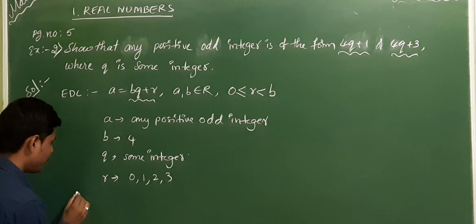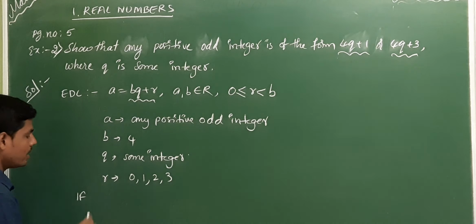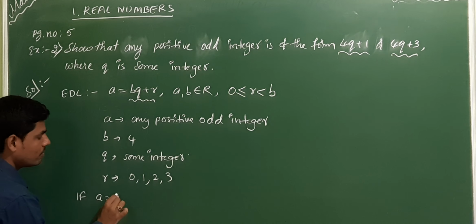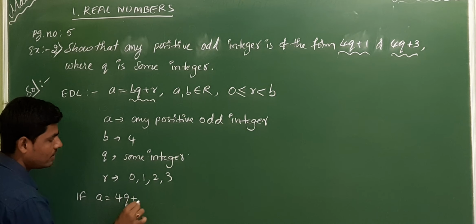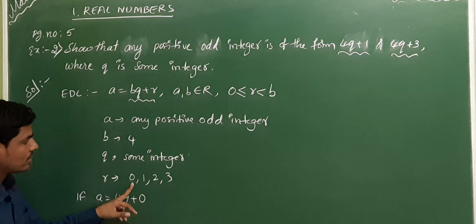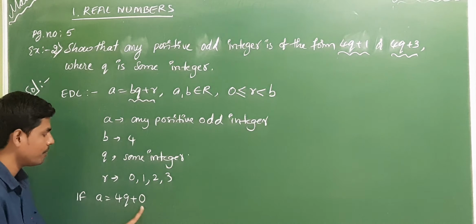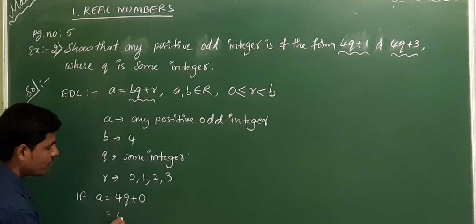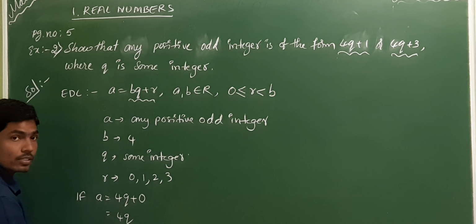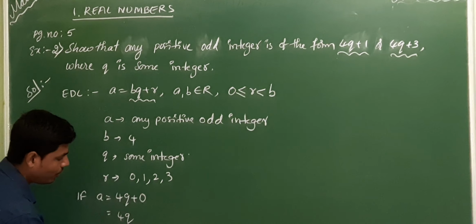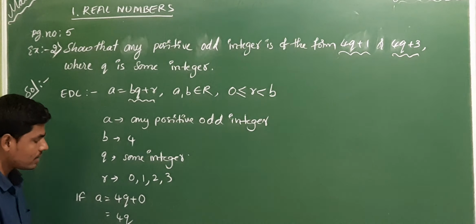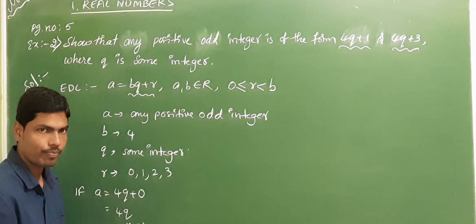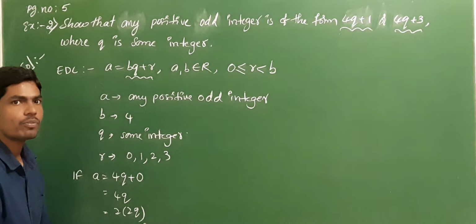Now, if the dividend is 4q plus 0, first condition, maybe the remainder is 0. 4q plus 0 means 4q. 4q, that means 2 into 2q. It is a multiple of 2.